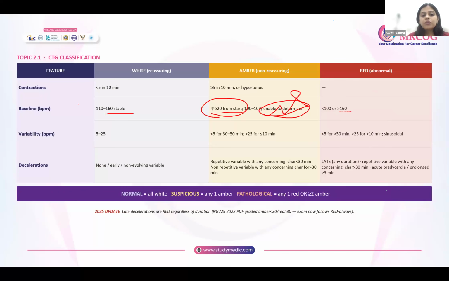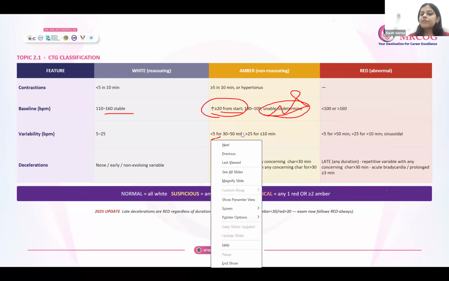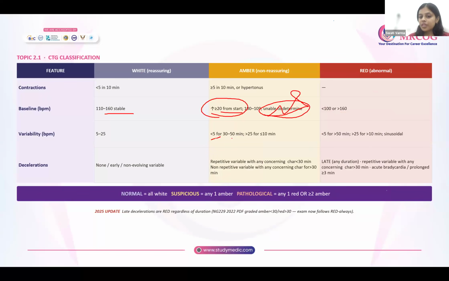Then comes variability. Between 5 to 25 is the desired variability, so it will be classified as white. If variability is less than 5 for 30 to 50 minutes, then it is amber. And if this less than 5 prolongs for more than 50 minutes, then it becomes red.